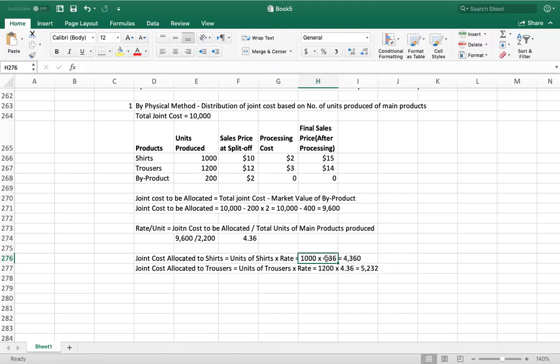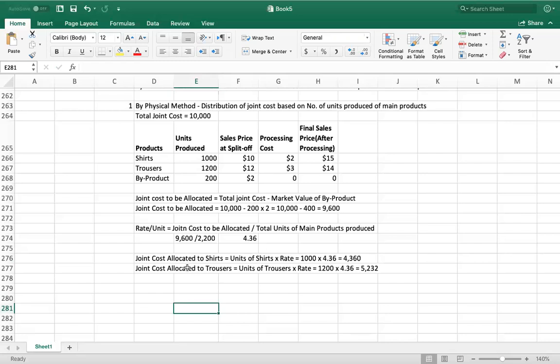Here we took the rate up to 2 decimal places, so that's why there is some difference. So the cost allocated to shirts is 4,360 and to trousers is 5,232, and the total becomes 9,600.